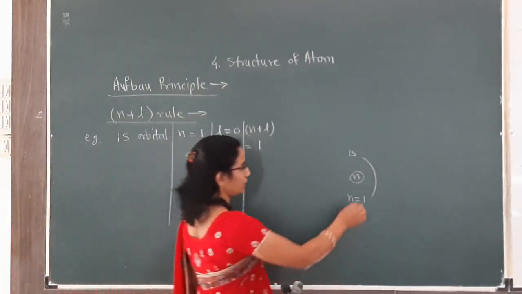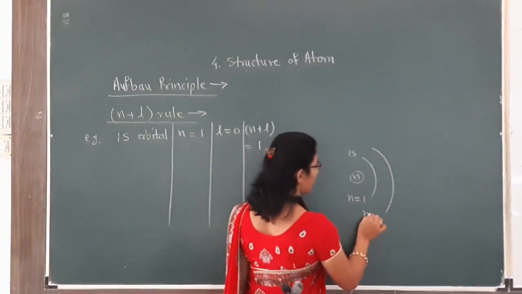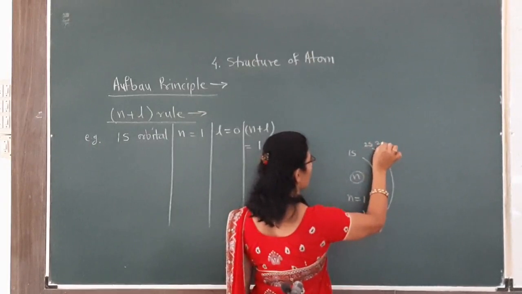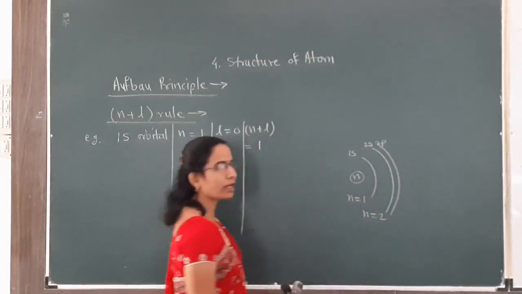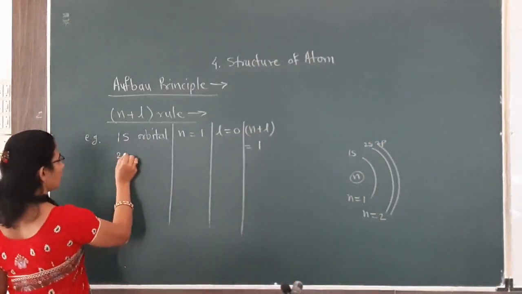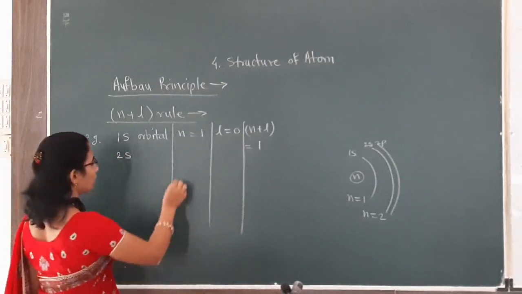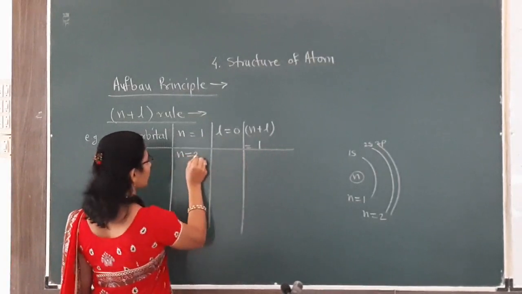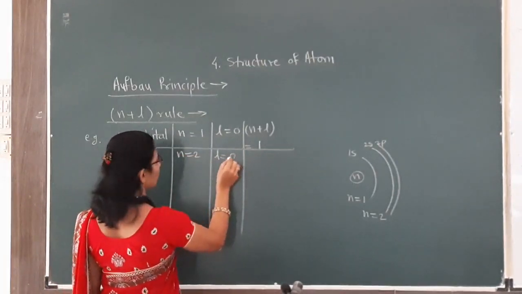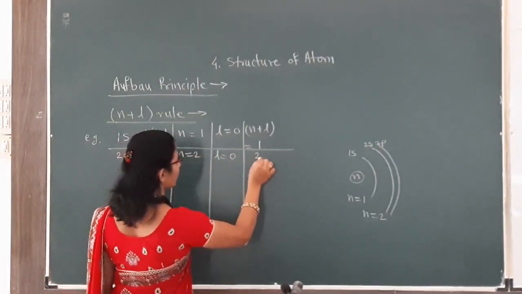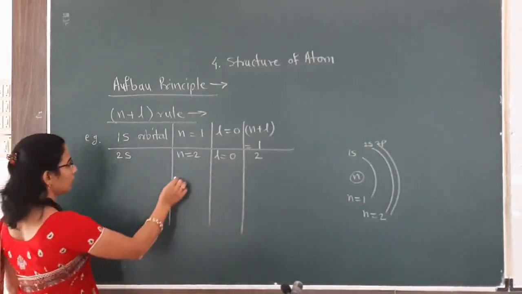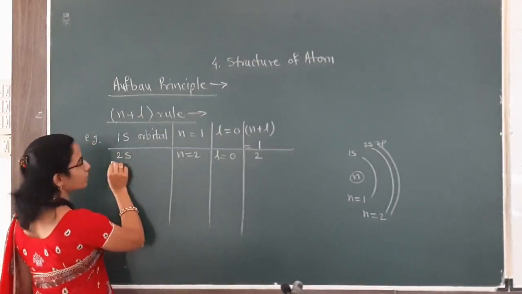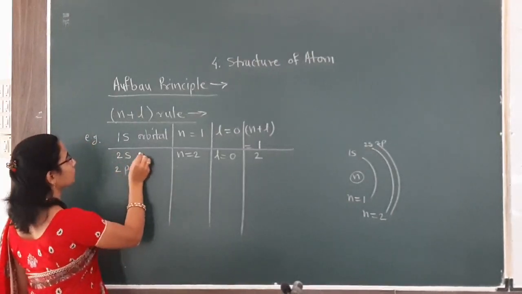Now let's see the second orbit, that is second shell, n is equal to 2. We know that it possesses two orbitals named as 2s and 2p. So I will take the 2s orbital. Here for 2s orbital, n is equal to 2 and l is equal to 0. So the addition will become 2. While here, let's see 2p orbital.